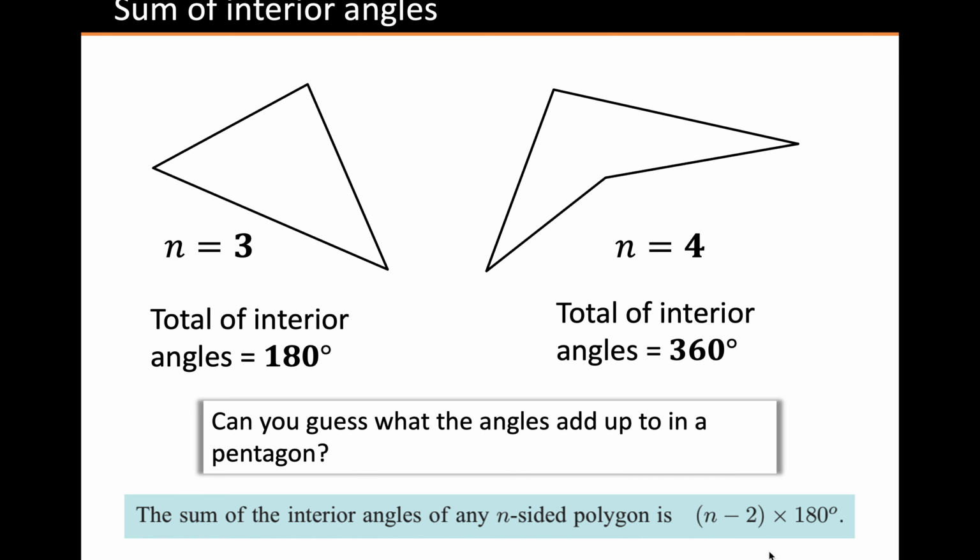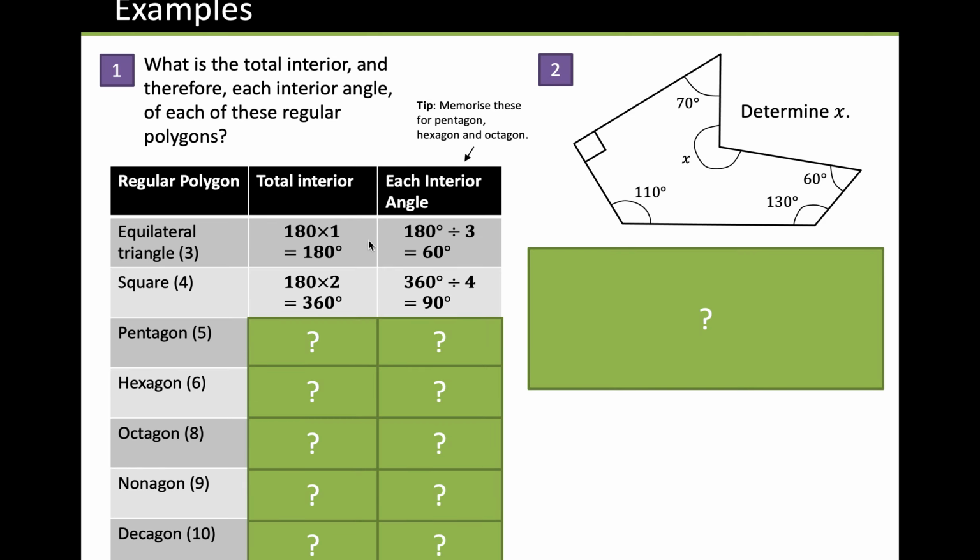This is the formula to find the sum of interior angles of any n-sided polygon, it can be 3-sided, 4, 5, 6, 11, 12, any number of sides. Okay, so we got this. All right, interior, exterior angles.